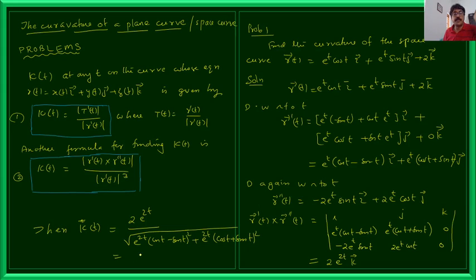So 2 e raised to 2t divided by e raised to t into root 2, where a square plus b square is cos square t plus sin square t, then again cos square t plus sin square t. So 2 into cos square t plus sin square t, that is 2.